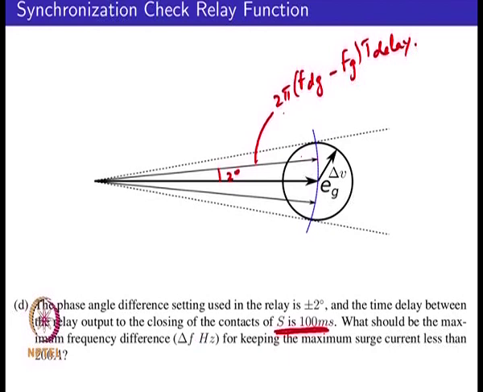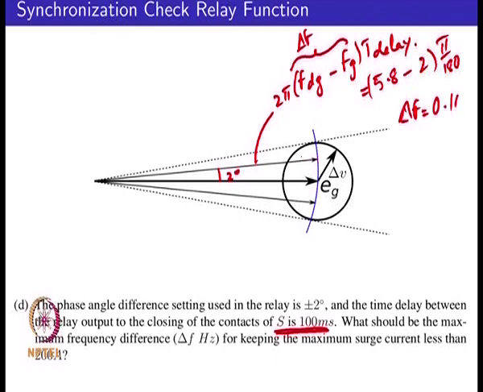So, you can write an expression relating this angle to be equal to 5.8 minus 2, into pi by 180. So, you get delta f to be equal to 0.106 hertz.